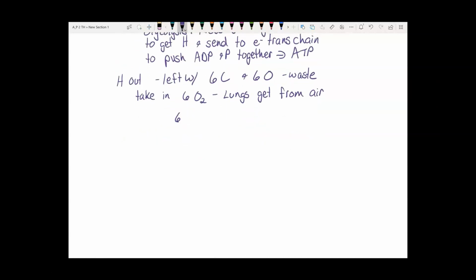Then you will have 6 carbons from the glucose, 6 oxygens from the glucose. And you will have 12 oxygens from the air, and you have your 12 hydrogens after they go through the electron transport chain.